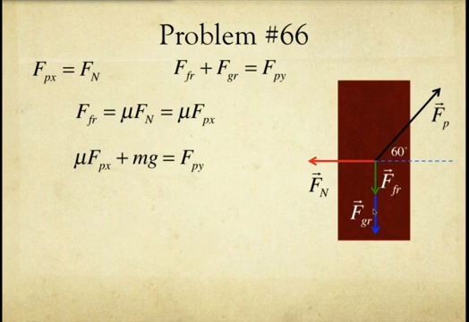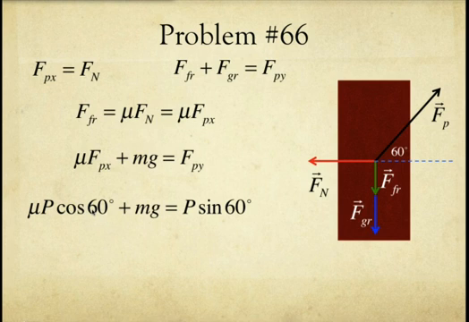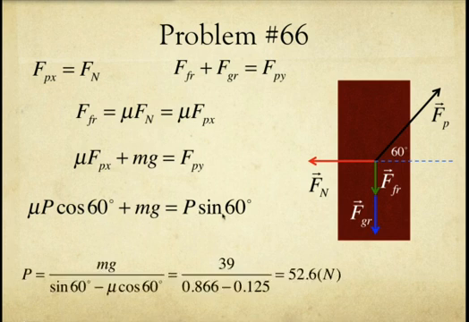So that's friction, that's gravity, that's Fpy. Then again, mu. Basically, what happens is your mg and P sine of 60 changed places. And then therefore, in the denominator, it's not a sum anymore. It's the difference between the two basically, the two factors that P is multiplied by.